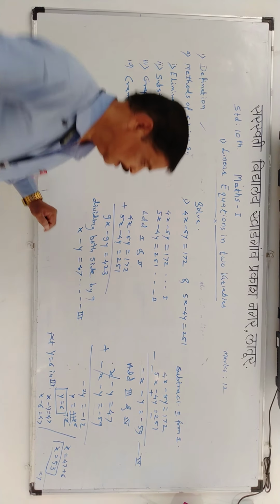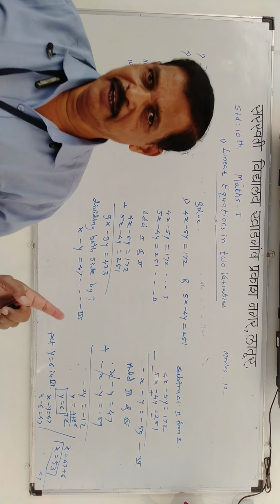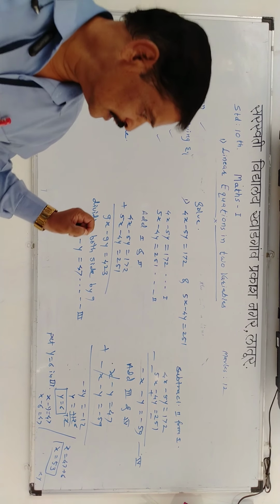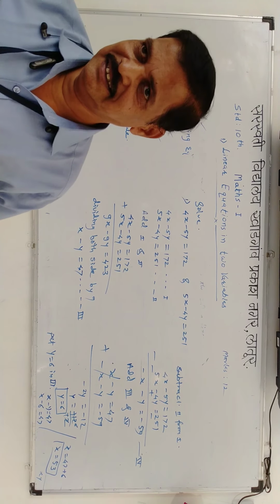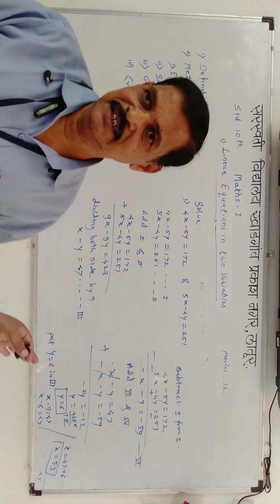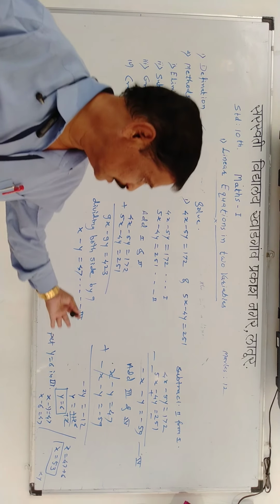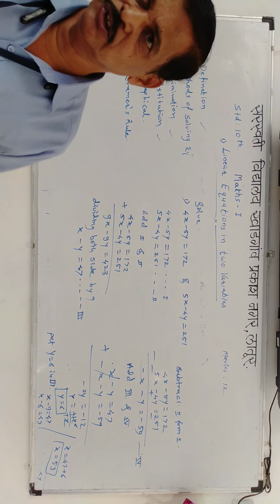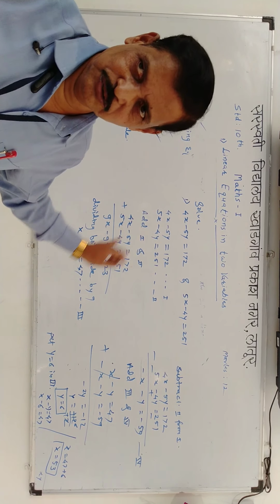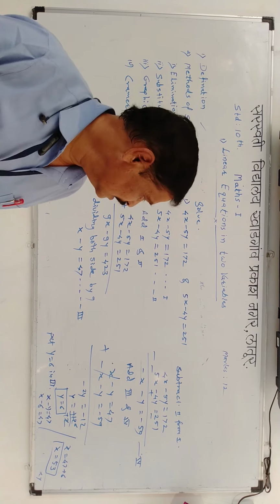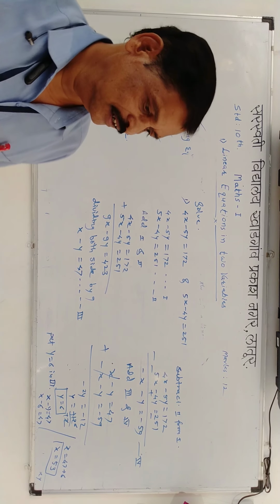So the answer will be 53 and 6. That is the coordinate of that point. Firstly, we have to take the x and after that y. (x, y) means 53 and 6. The solution of these two equations is 53 and 6.